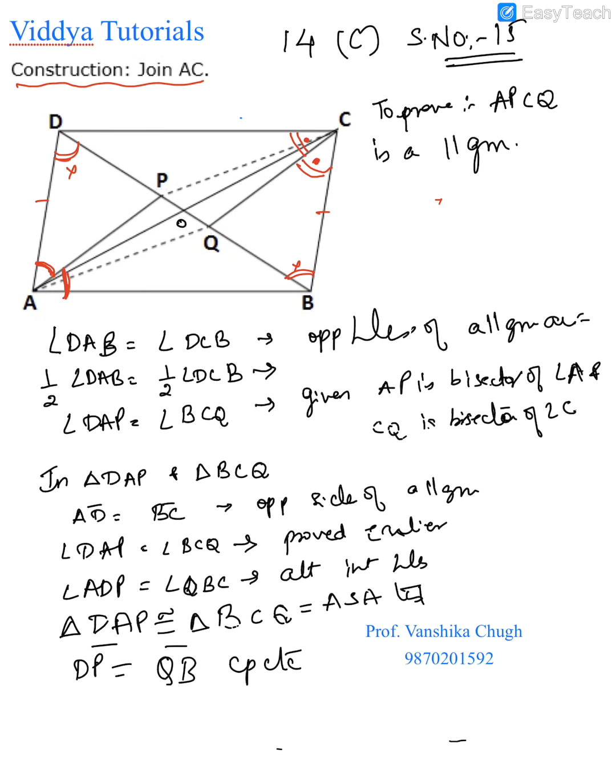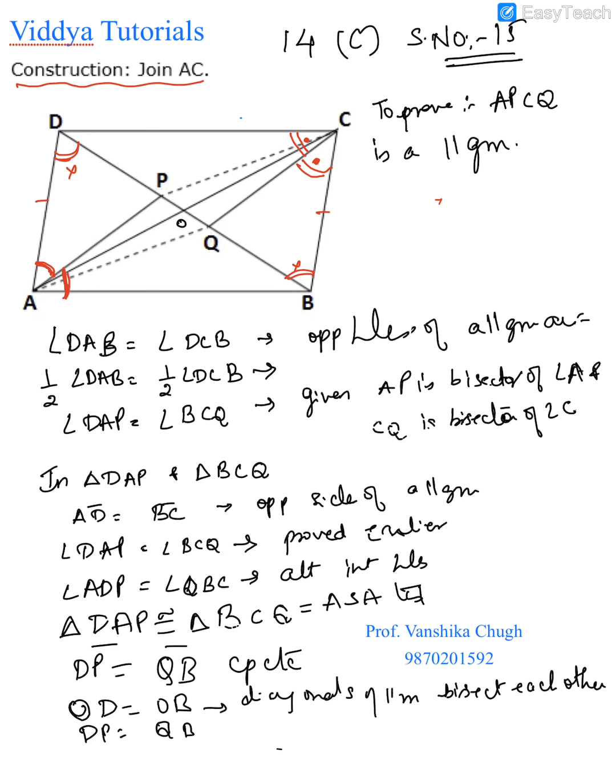So if I prove that the diagonals bisect each other, this becomes a parallelogram. Let us see the steps. So I already have OD is equal to OB, diagonals of parallelogram bisect each other. So then you can just repeat your DP is equal to QB. You have proved earlier.